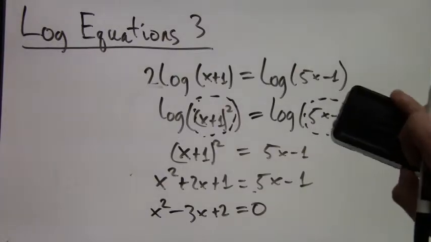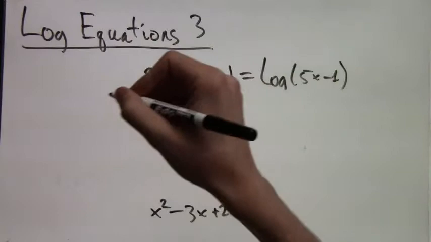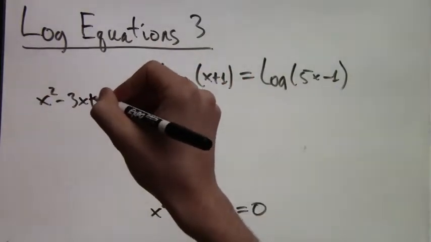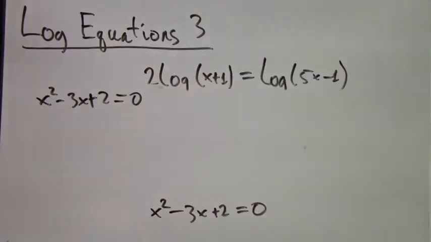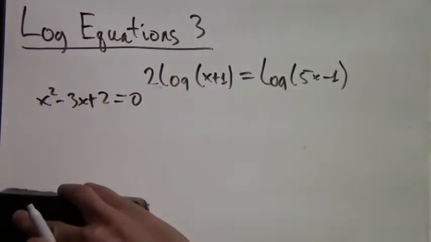Next, this equation is actually factorable. So let me free up some room and I'll get to factoring it for you. So we have x squared minus 3x plus 2 equals 0. Alright, so how do we solve this?